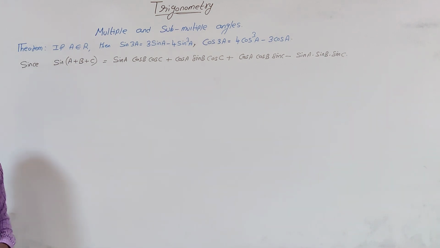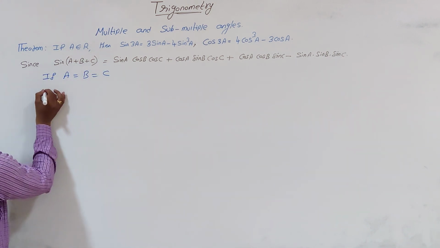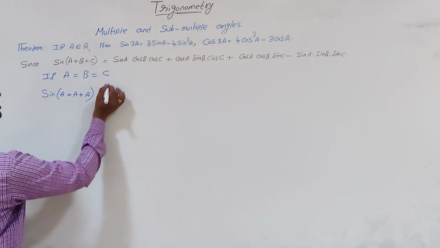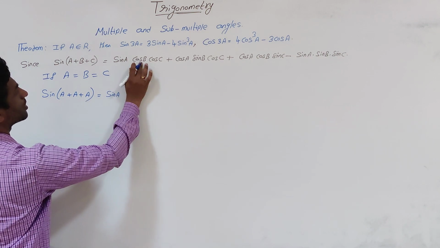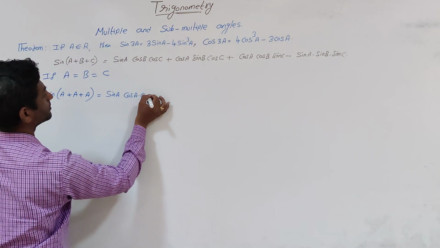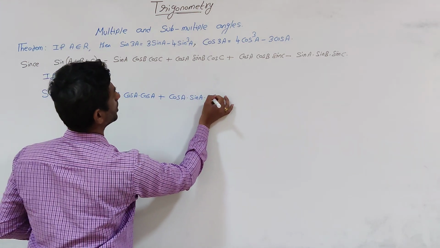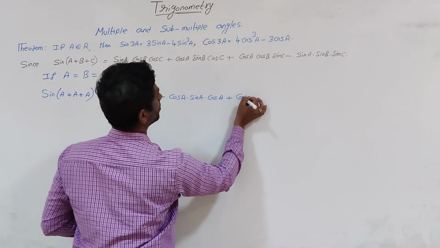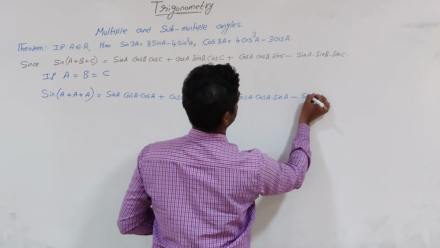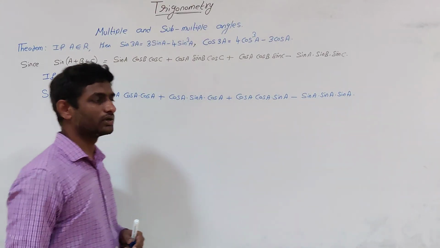Now, if all the three angles are equal, if A is equal to B is equal to C, then what happens? Sin A as it is, cos B is also equal to cos A and cos C is also equal to cos A. So sin A cos A cos A plus cos A into sin A into cos A plus cos A into cos A into sin A minus sin A into sin A into sin A, because all the angles are equal.